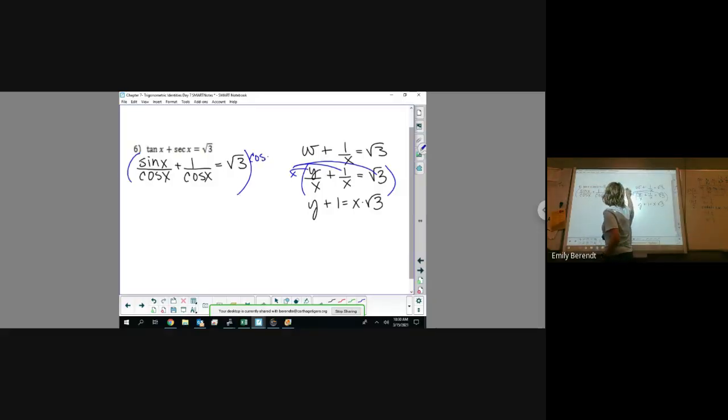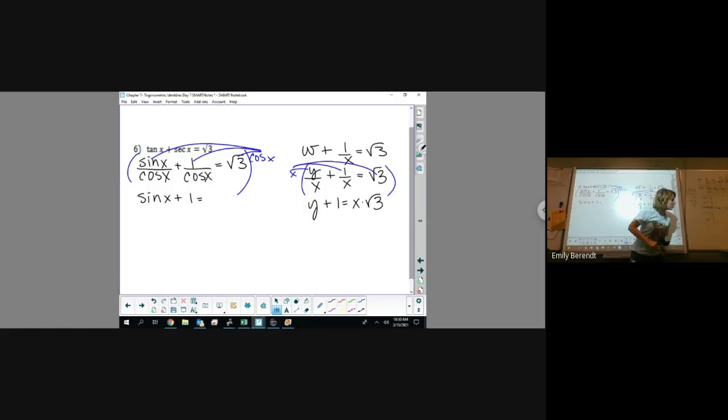Cosine of x. They cancel, leaving you sine of x plus 1 equals, I think it'd be easier if we wrote it as square root of 3 cosine of x instead of cosine of x root 3.